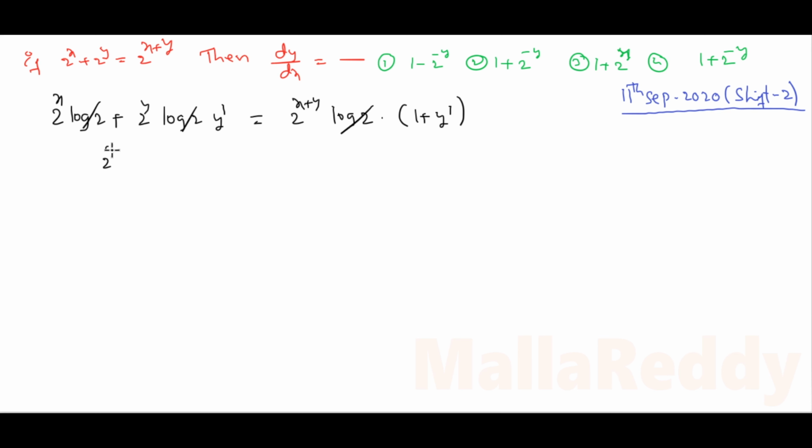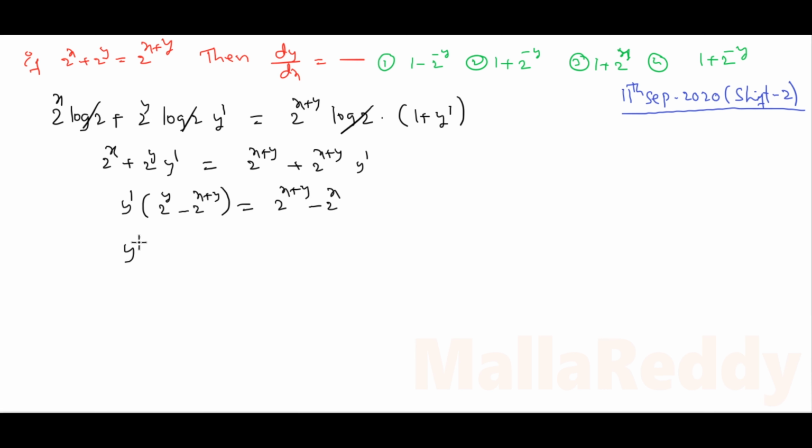So 2 power x plus 2 power y into y dash is equal to 2 to the power of x plus y plus 2 to the power of x plus y into y dash. Take y dash common, that is 2 power y minus 2 to the power of x plus y is equal to 2 to the power of x plus y minus 2 power x.